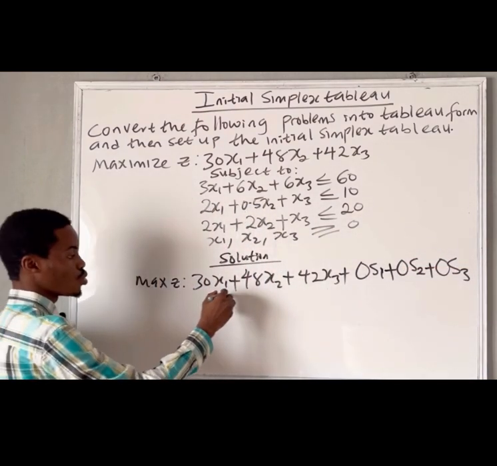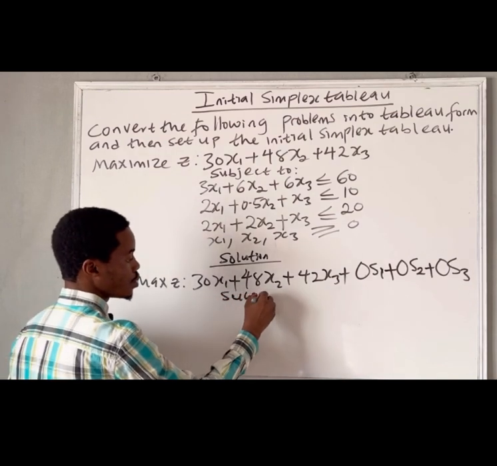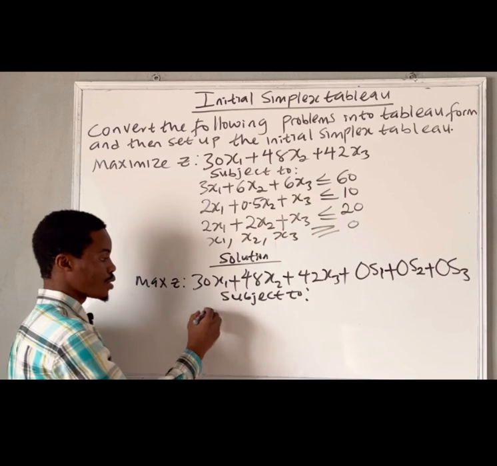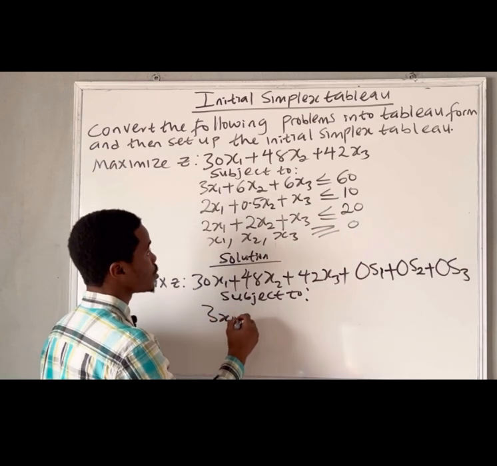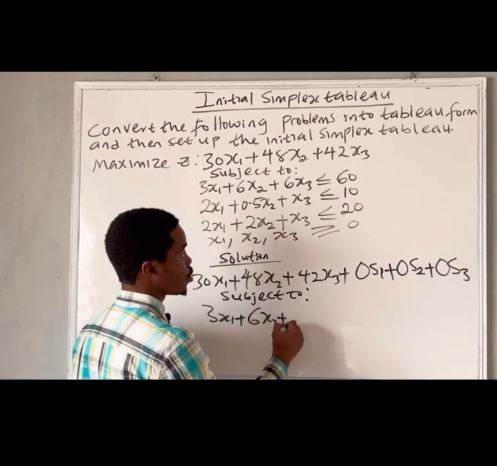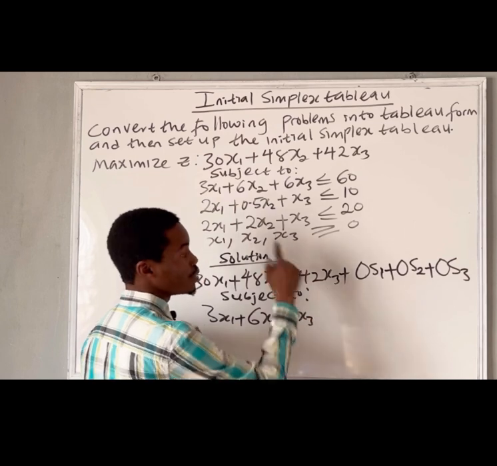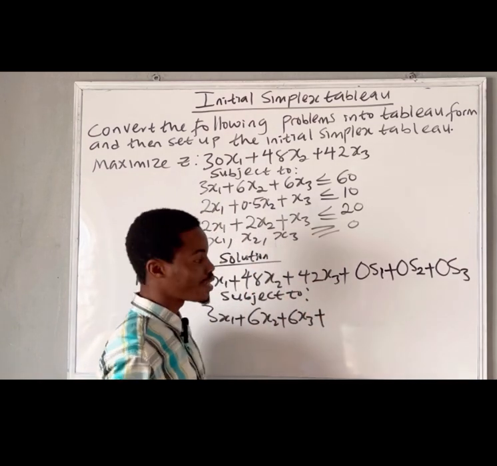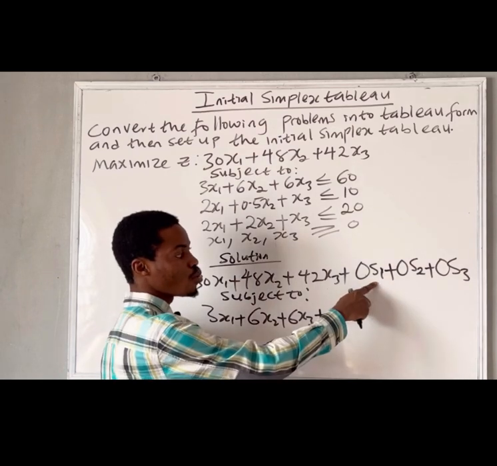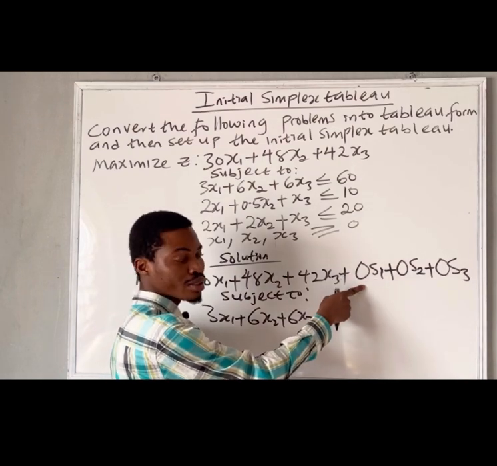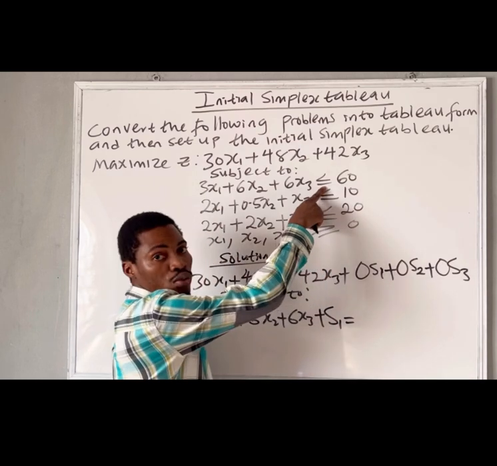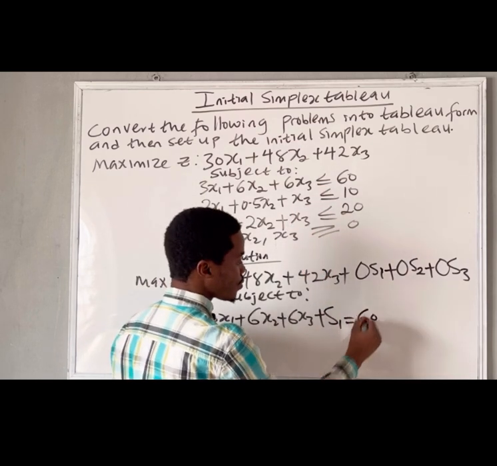Then subject to the first constraint, 3x1 + 6x2 + 6x3. Then I will add the slack variable to this one, the first slack variable with its coefficient, and the inequality turns to equality: = 60.